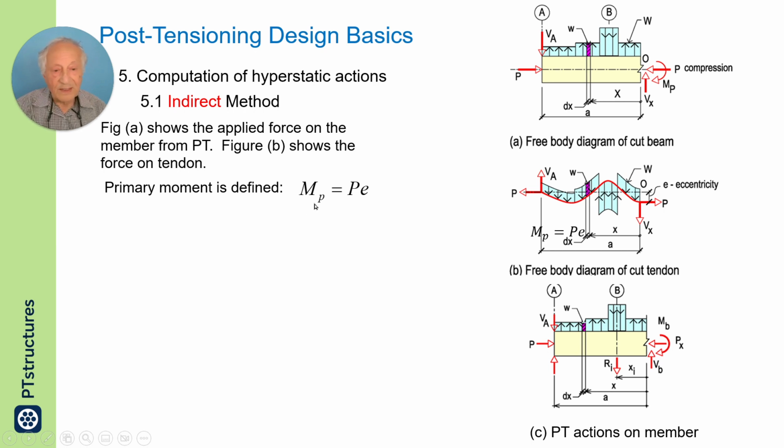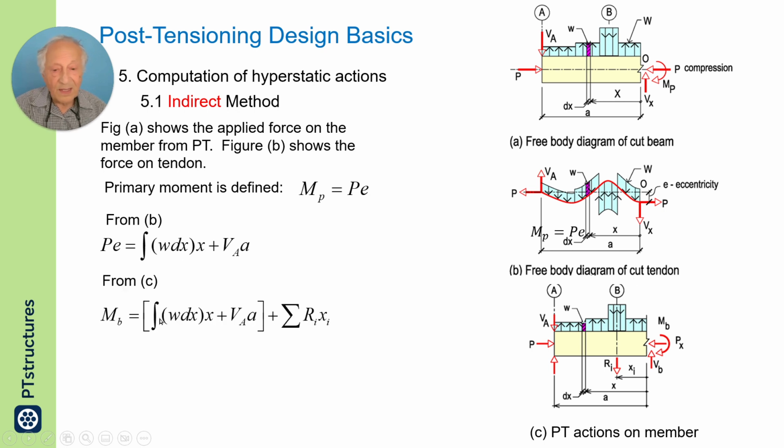So this is a definition that the primary moment is tendon force times eccentricity. This is just the definition. And looking at B, I don't want to go into its great detail. Here you can look at it at your leisure. This force times this distance is equal to this value based on the diagram. And from C here, I have another value by taking moments here.